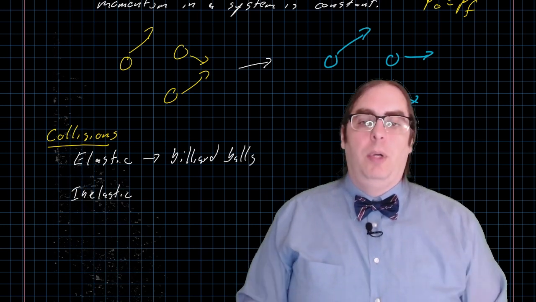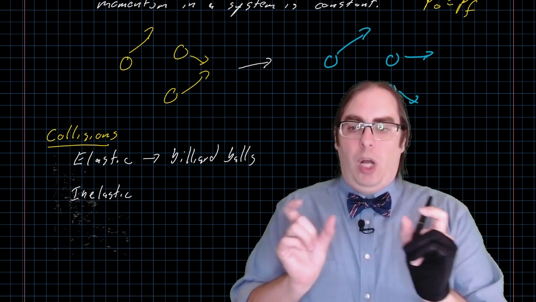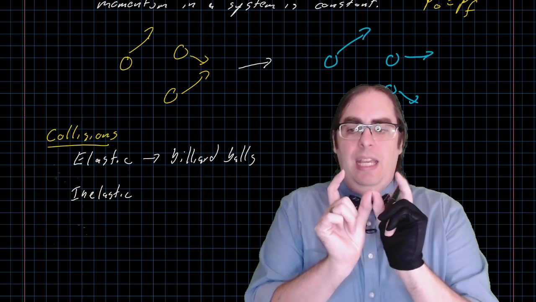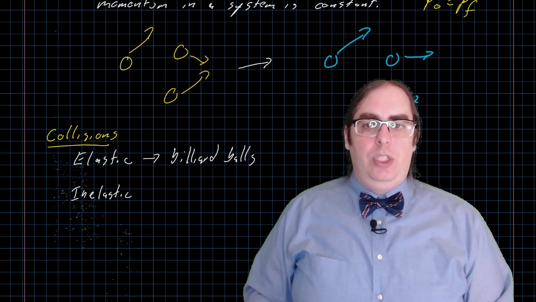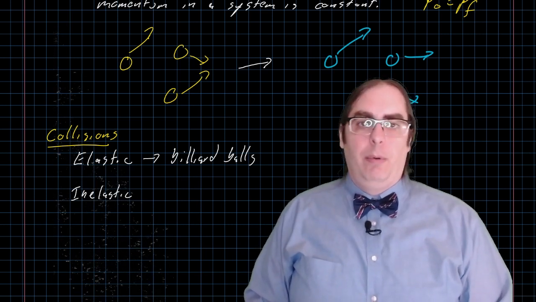Right? When 2 billiard balls strike against each other, if you can get a slow motion camera to watch them as they go, you will see that they deform a little bit. They kind of shrink in and then bounce back out. And it's that shrink in and bounce back out, which is how the momentum is translated from the before to the after.